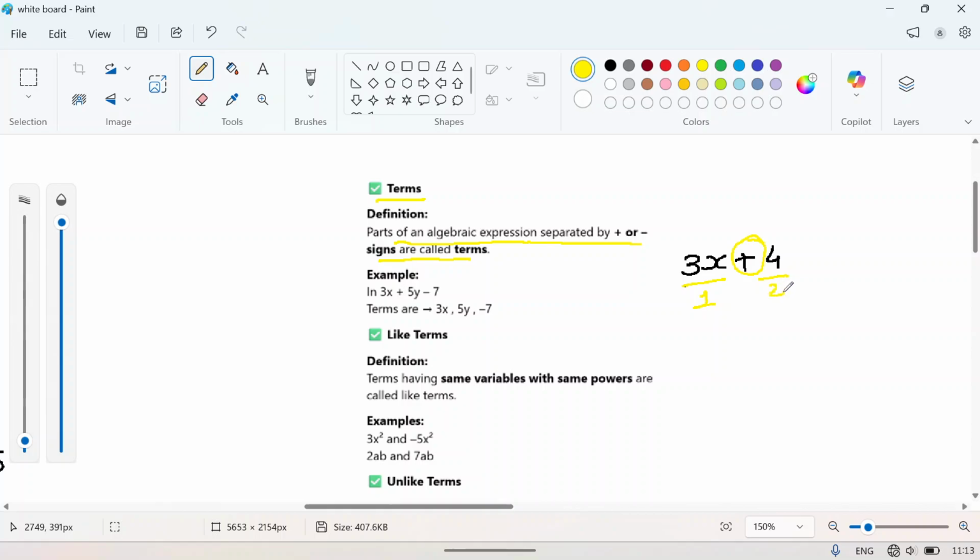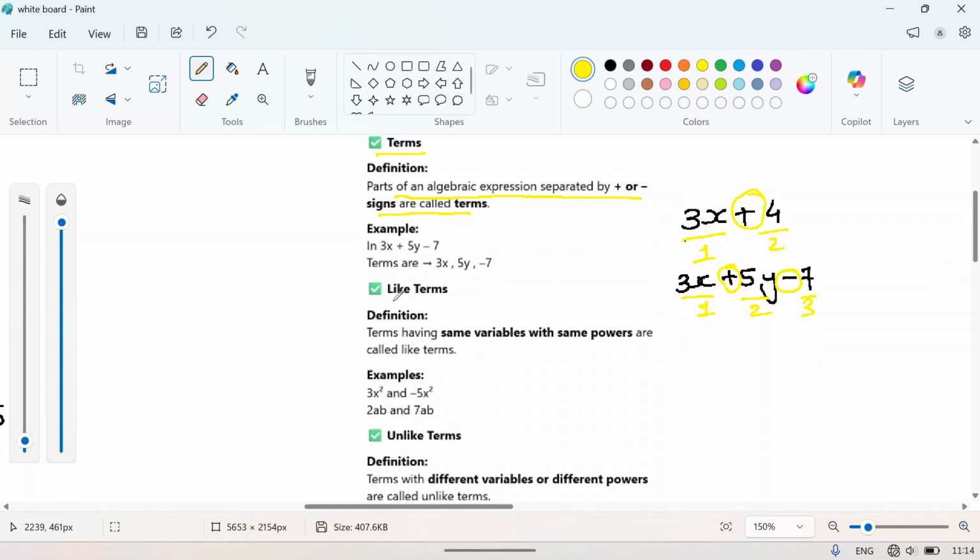So in this algebraic expression there are two terms. Similarly, in the expression 3x plus 5y minus 7, there are three terms: 3x, 5y and minus 7. 1, 2 and 3. Here 3x and 5y are separated by the plus symbol, and 5y and 7 are separated by the minus symbol. So this algebraic expression has three terms, and in the other, 3x plus 4, there are two terms, 3x and 4 separated by the plus symbol.